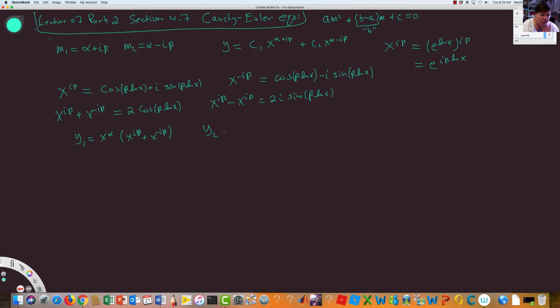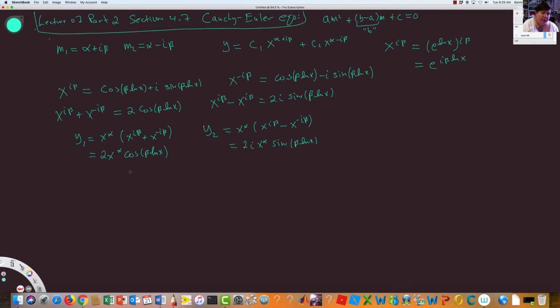And then I can write y2 as x to the alpha times x to the i beta minus x to the minus i beta. We didn't go through all this last time, but I'm showing it to you this time. So this y1 would be just 2x to the alpha cosine of beta ln of x, and y2 would be 2i x to the alpha sine of beta ln of x.